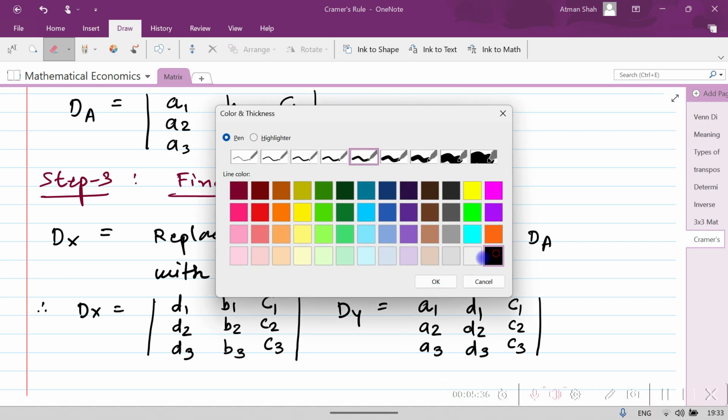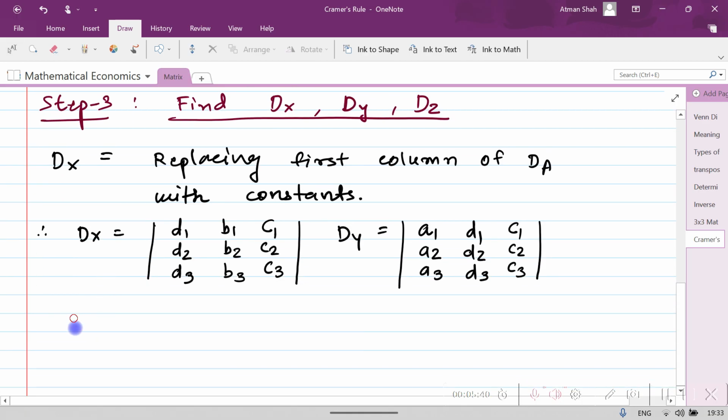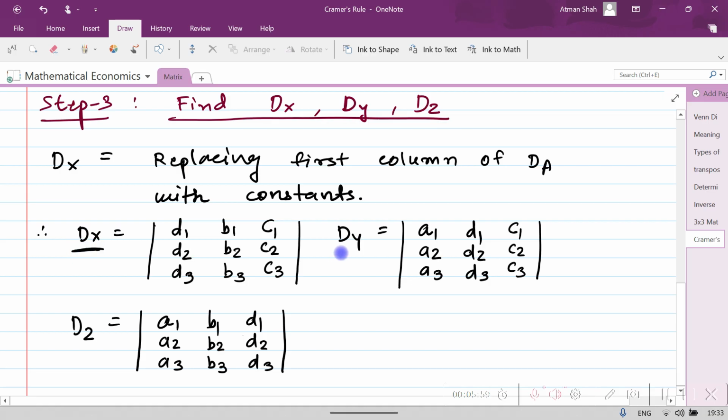And for dz, it is A1, A2, A3, B1, B2, B3. The first two columns remain the same, and instead of the third column now we write D1, D2, D3. So now we have the determinant for x, determinant for y, and determinant for z. That is step number 3.